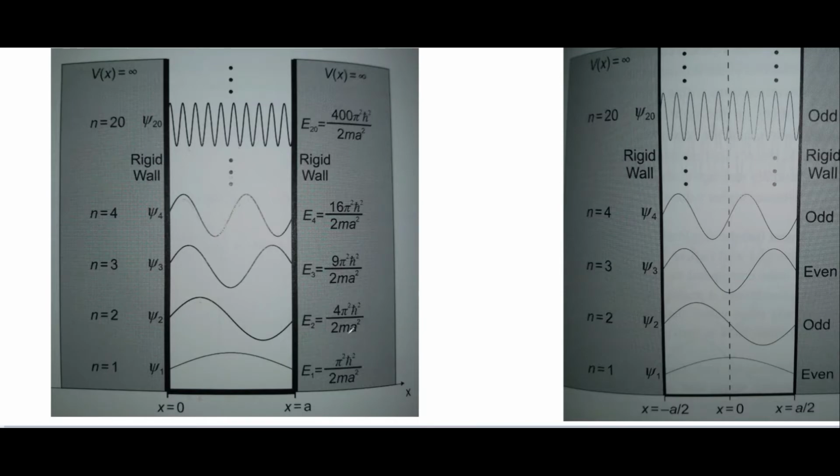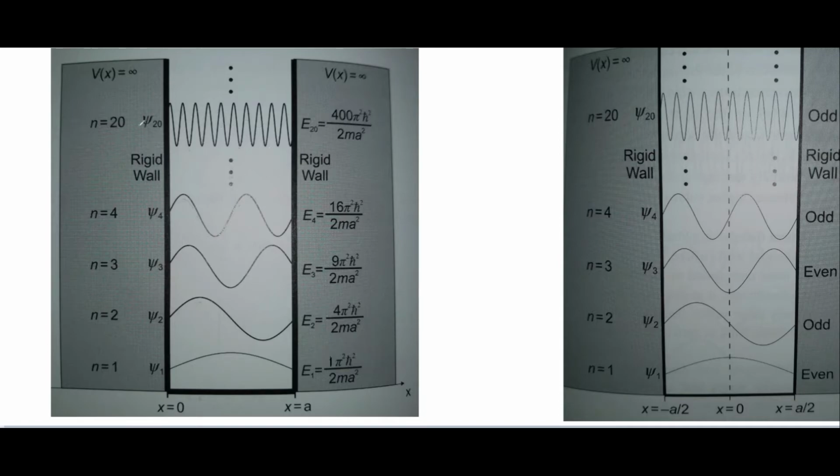If n equals 1, then you would just have a 1 right there, and it's the pi squared h bar squared over 2ma squared. That gives us this right here. Then if you put a 2 in there, it's n squared, so that makes it a 4, and that gives us this sine wave right here. n equals 3, so 3 squared is 9. 4 squared is 16, going all the way up to 20, so 20 squared is 400.